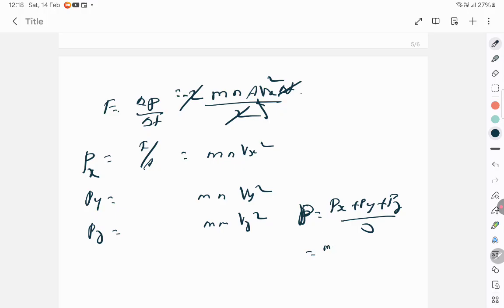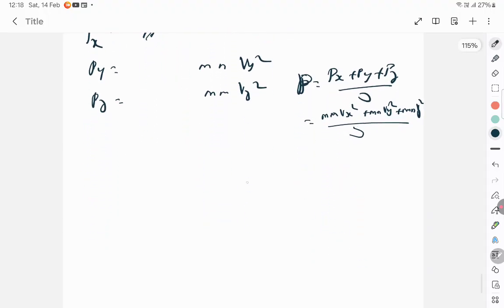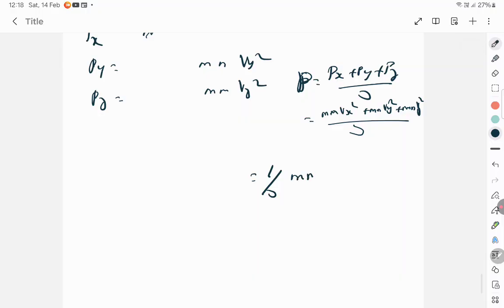Therefore, it will become mn into Vx square plus mn into Vy square plus mn into Vz square by 3. So you can take 1 by 3 out, and mn and Vx square plus Vy square plus Vz square, which itself is nothing but the magnitude of V average the whole square. So this is, and what is mn?